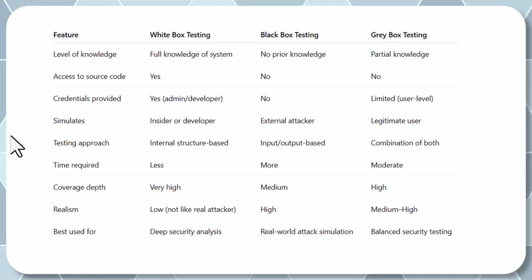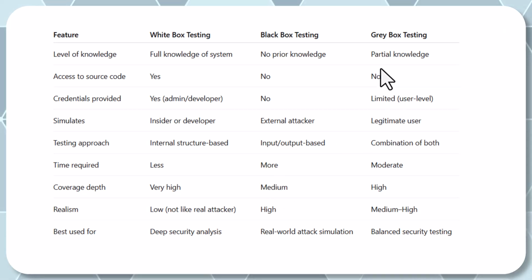Now if you talk about black box testing, that is the talented part. Here the ethical hacker is an external attacker. He has more talent, and it is a real-world attack simulation. It will take more time, coverage is medium and realism is high because this is a real attack.